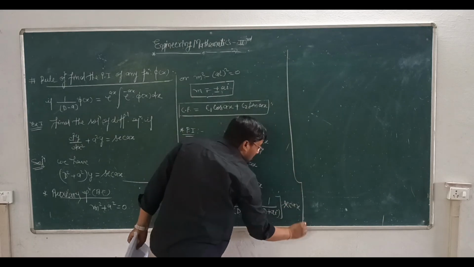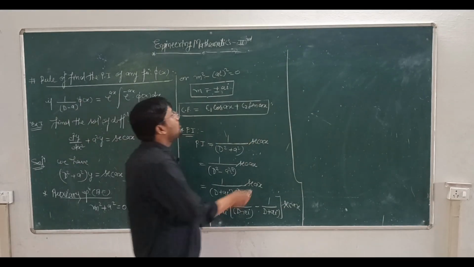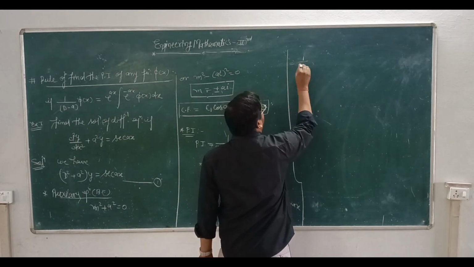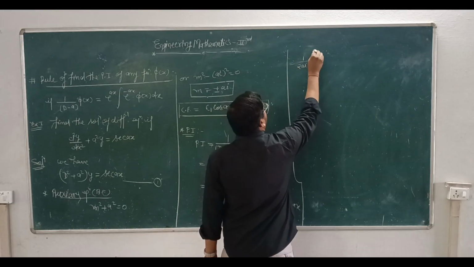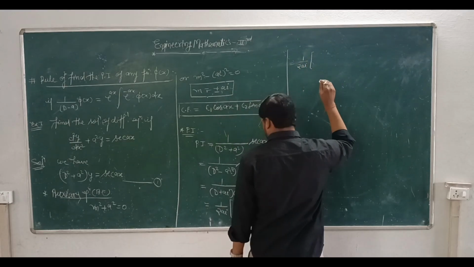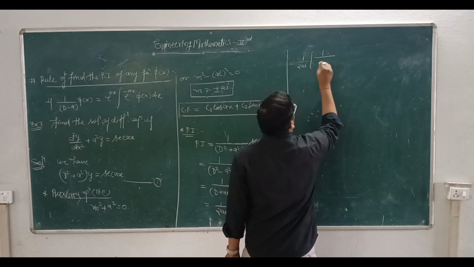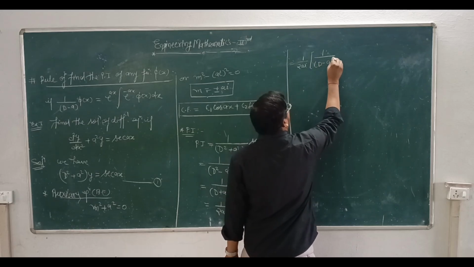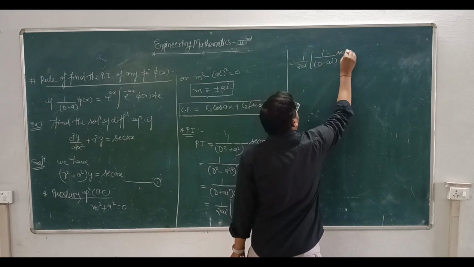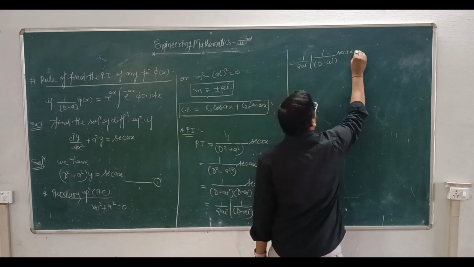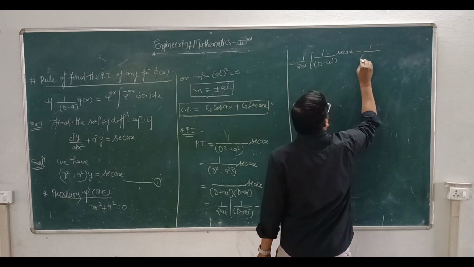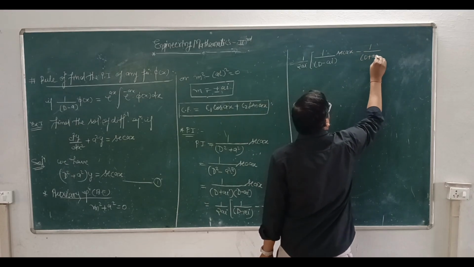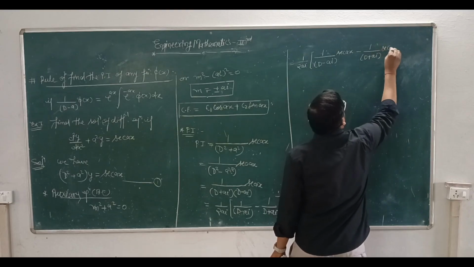Now you continue to this step. You can write 1 upon 2ai bracket 1 upon D minus ai sec ax minus 1 upon D plus ai sec ax.